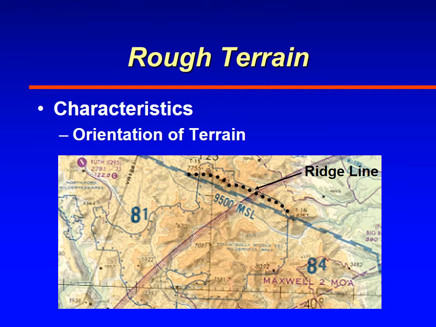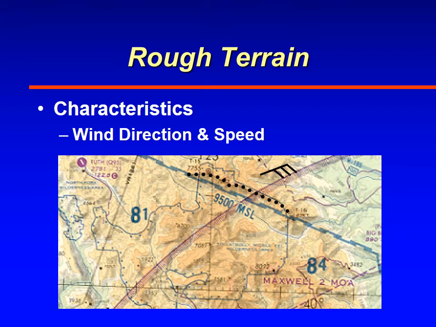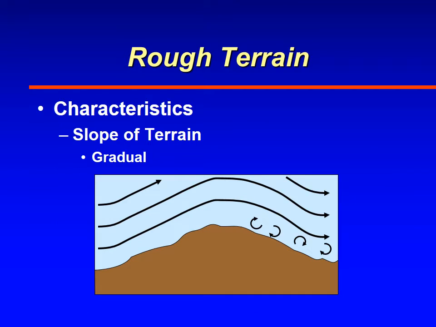So orientation of terrain, look at the ridge line or look at how the terrain is oriented and try and visualize with the wind where you're going to get your turbulence. Whether the wind is parallel with the ridge line or perpendicular, that gives you an idea where you can expect it and how far down.